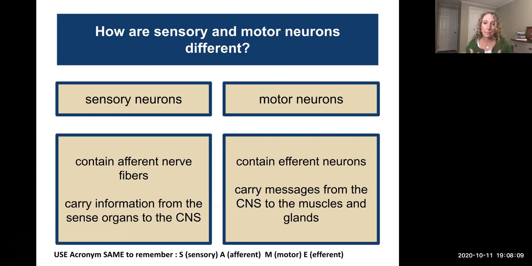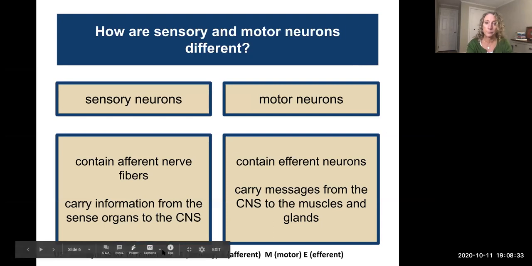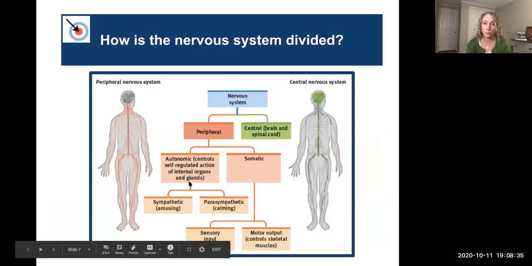The M is motor neurons, and the E is the other name for motor neurons, which is efferent. The sensory neurons carry information to the central nervous system, and the motor neurons carry the message from the central nervous system to your glands or muscles, like where you would lift your finger in that instance before.